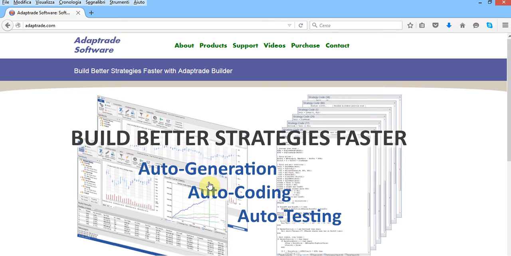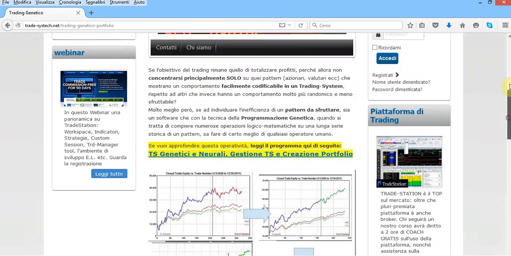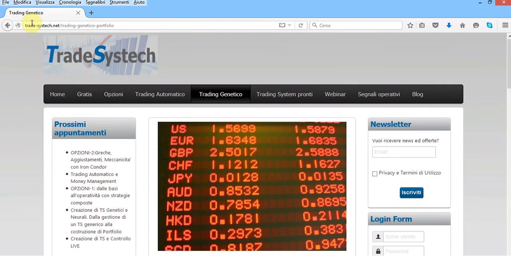The product is set, but every genetic programming software requires you to be very careful in how you use it. So the settings themselves must be very accurate. There are many tips you need to keep in mind. By the way, you may want to consult our website tradesystem.net.